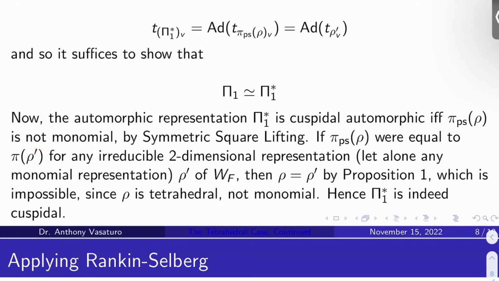Okay, well, look, if pi pseudo of rho was equal to pi of rho prime for any irreducible two-dimensional rep, let alone any monomial representation, let's call it rho prime of W sub f, then by proposition 1 way back, rho would have to be rho prime. Well, that's not possible because rho is tetrahedral, not monomial. Okay, great. Well, then it can't be the case that pi star sub 1 is not cuspidal, so it must be cuspidal. Perfect. So this guy is cuspidal.